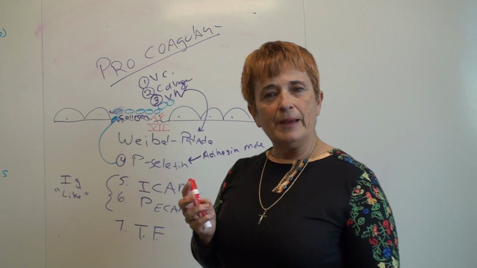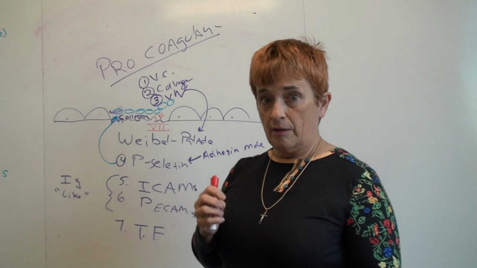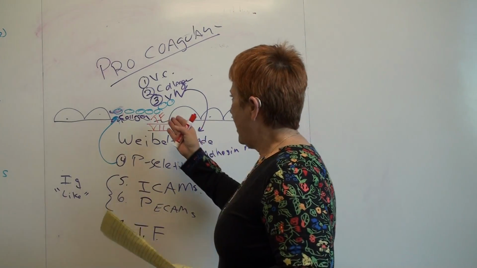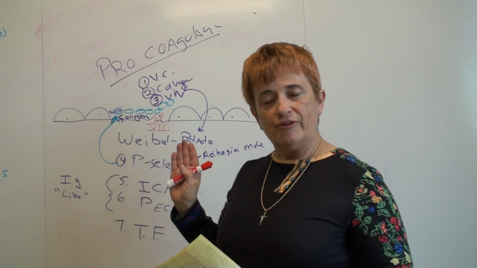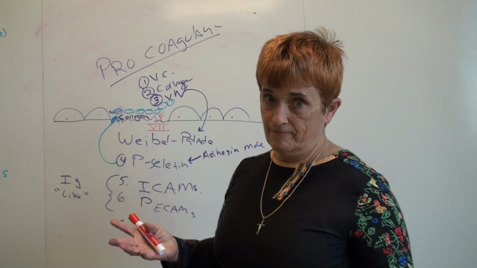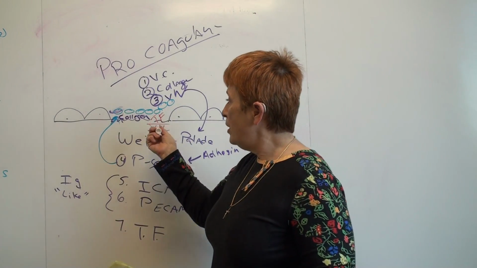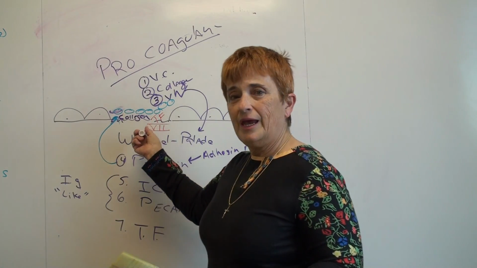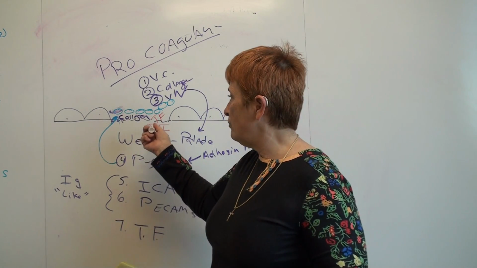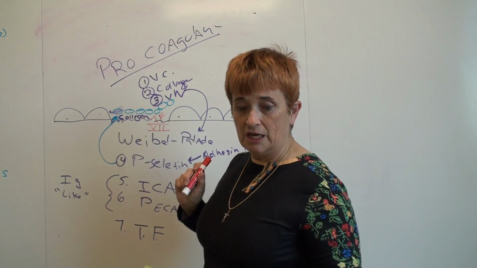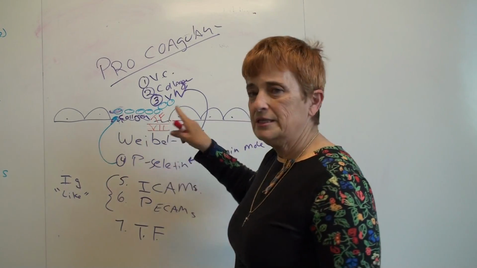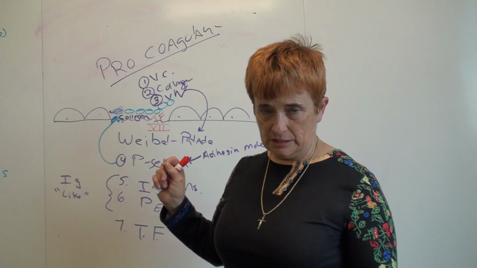Because in inflammation, my monocytes, etc., carry tissue factor. So if I have too much inflammation, I could possibly be activating my extrinsic pathway through factor 7. All right. It also happens in sepsis.